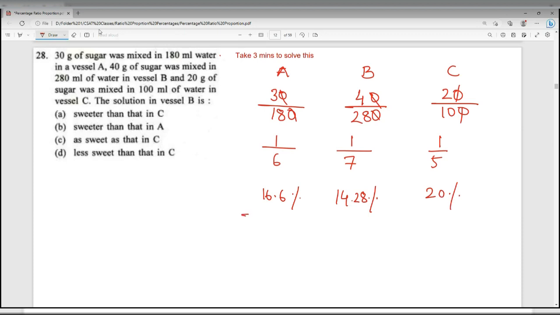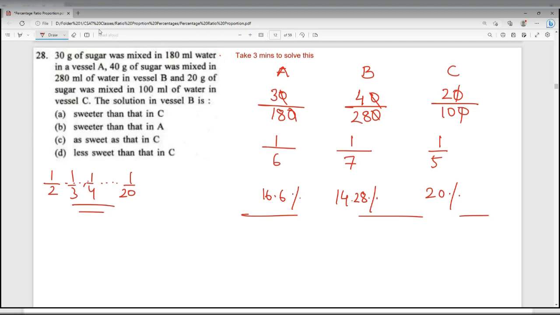So how do I know this? Because I've learned these things by heart. At least by heart from 1 by 2, 1 by 3, 1 by 4. Please memorize the decimals till at least 1 by 20. That would help you a lot, because calculator is not allowed in the exam.